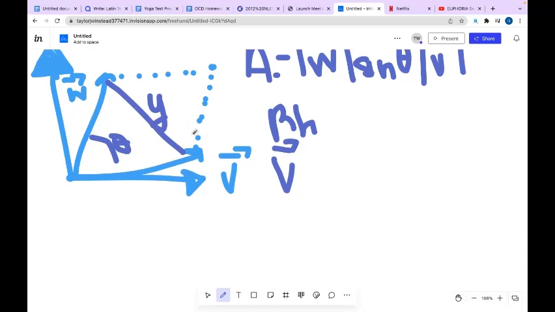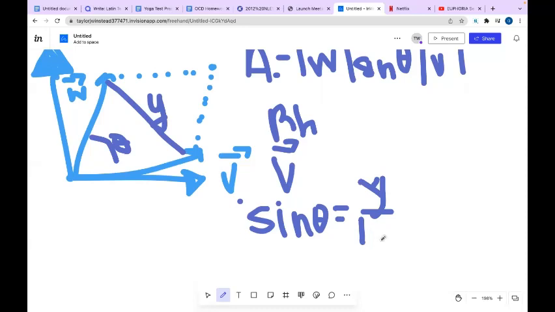Well, we would say that sine of theta is equal to y over the length of vector W, because sine is opposite over hypotenuse.